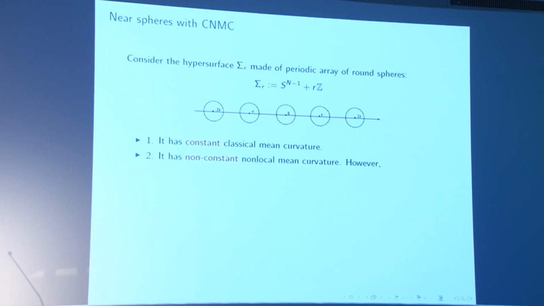They do not, no matter what R is. It is an open question what happens if R is very close, but we conjectured that in fact it will not have constant mean curvature if R is close.